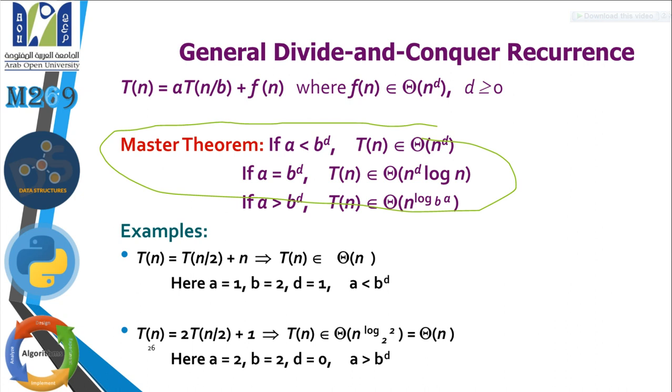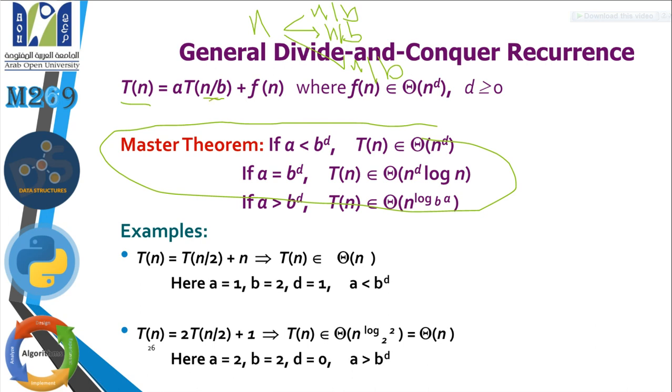See, we have the function T(n) = aT(n/b). This is the smaller problem. So T(n/b), because we said we have the big problem n, you divided it into a set of sub-problems, n/b, n/b, n/b, and so on.